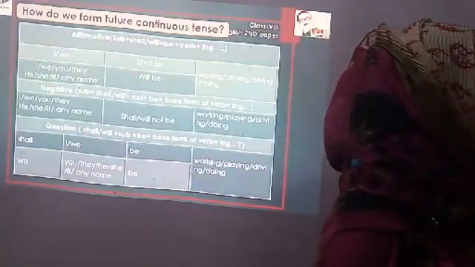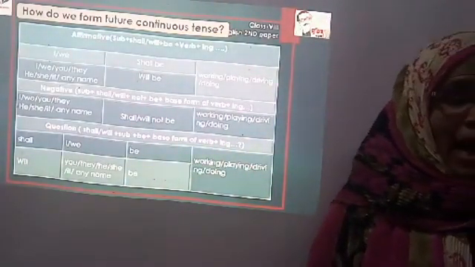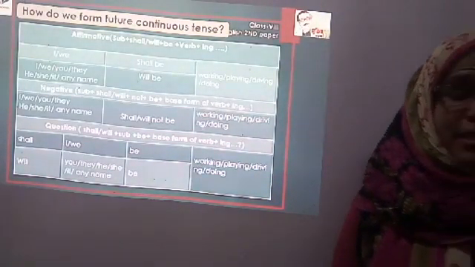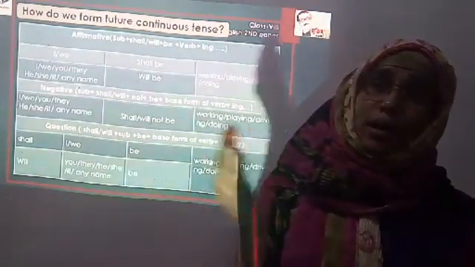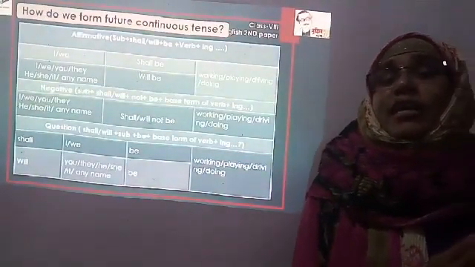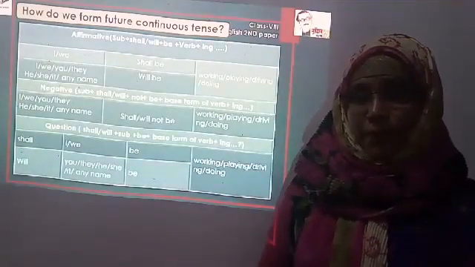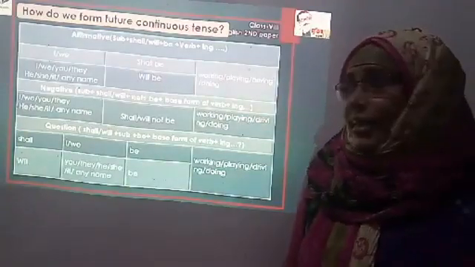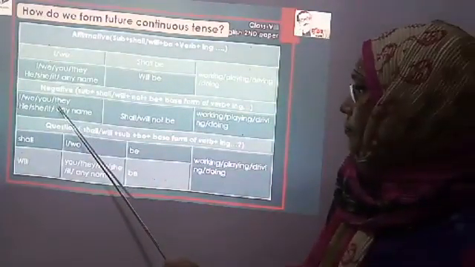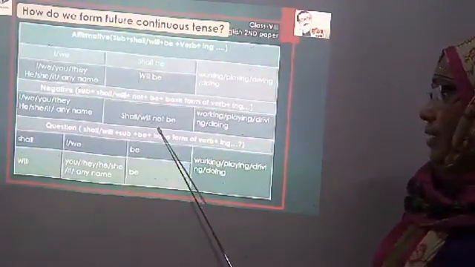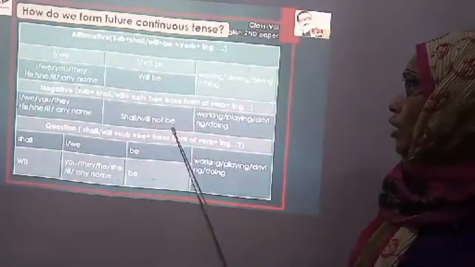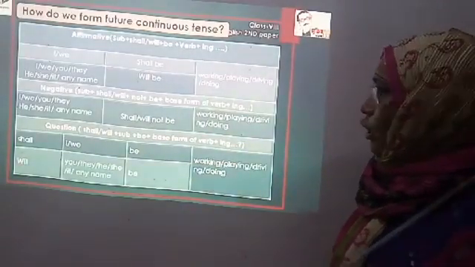How do we form a negative sentence in future continuous tense? Just you will add not after shall or will. That means subject, shall not or will not, then verb will take ing. I shall not be, we shall not be, they will not be, he will not be working or playing or doing.